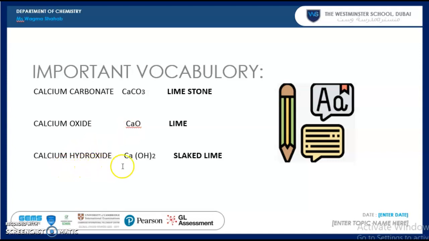Calcium hydroxide is commonly known as slaked lime in the solid state, and its chemical formula is Ca(OH)2. You need to know these chemical names for this lesson. I want everybody to write down this vocabulary in their notebooks.